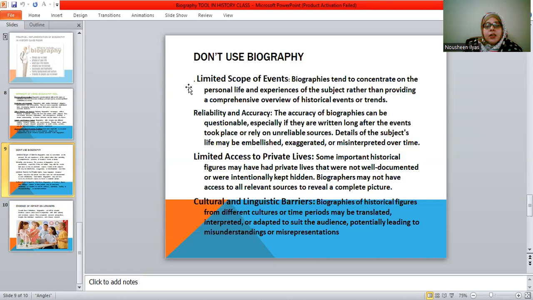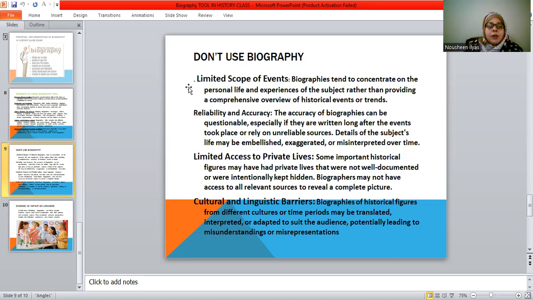So when you are using this tool on a topic which doesn't give you a comprehensive overview of that event, please don't use it.